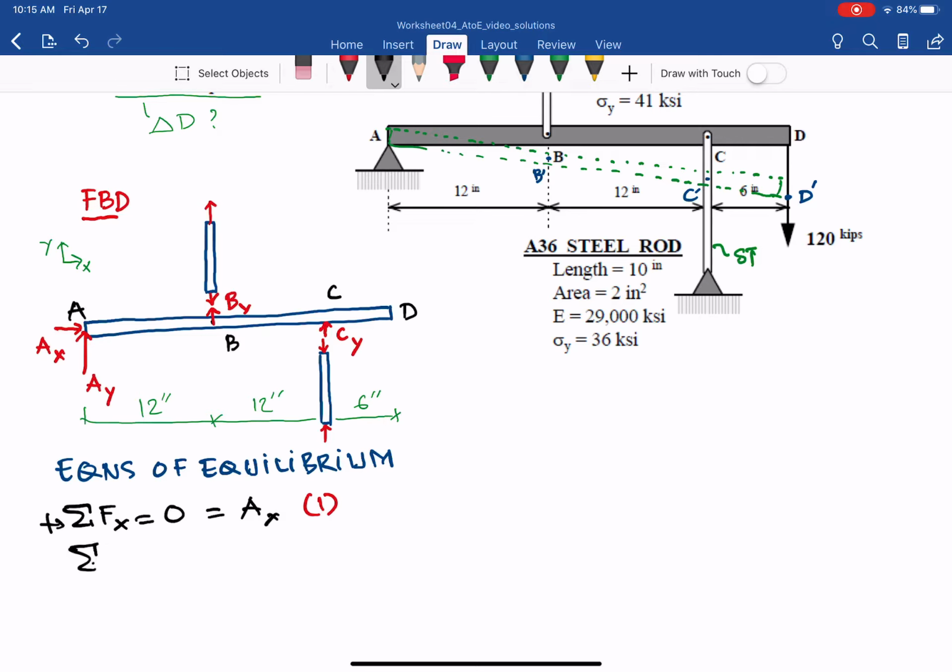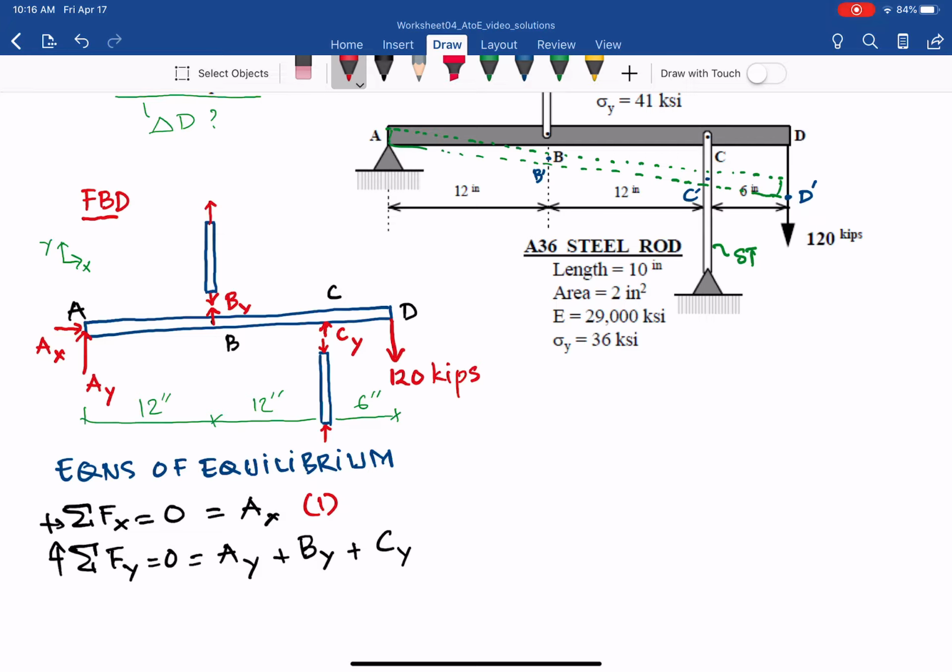So you have Ay on member ABCD plus By also going up on ABCD, and also Cy going up on member ABCD in the free body diagram shown. And we have the 120 kips at point D that we are missing in there. So it will be negative, going down, minus 120 equals 0. That is equation 2.